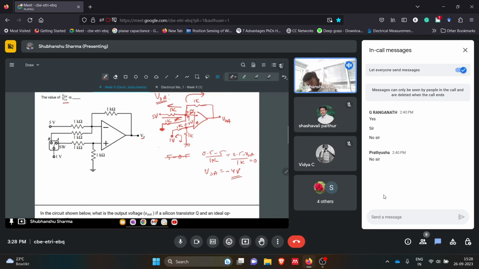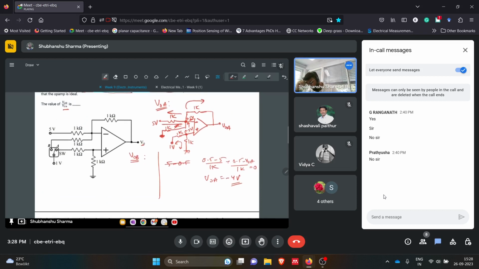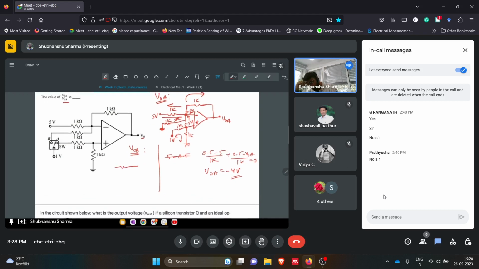Now see what will happen when the switch is in B position. It is VOB here. We will have V naught, 1 kilo, 1 kilo. This is 5 volts, and this one will be there.